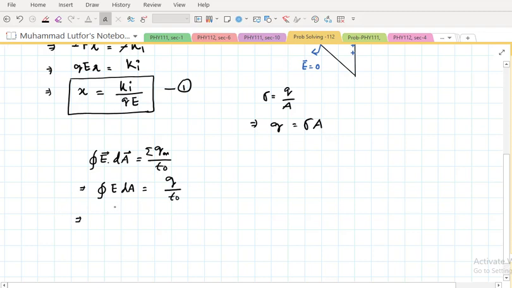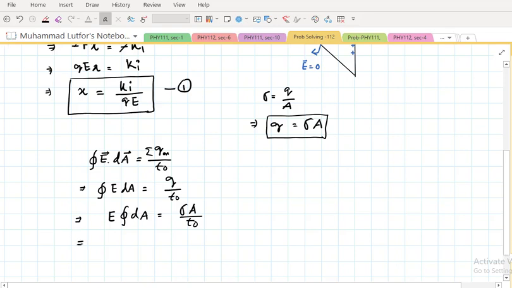Now if you integrate dA, we'll find that area, right? And this Q we can replace by sigma A from this equation, because we defined the surface charge density, charge per unit area, divided by epsilon naught.